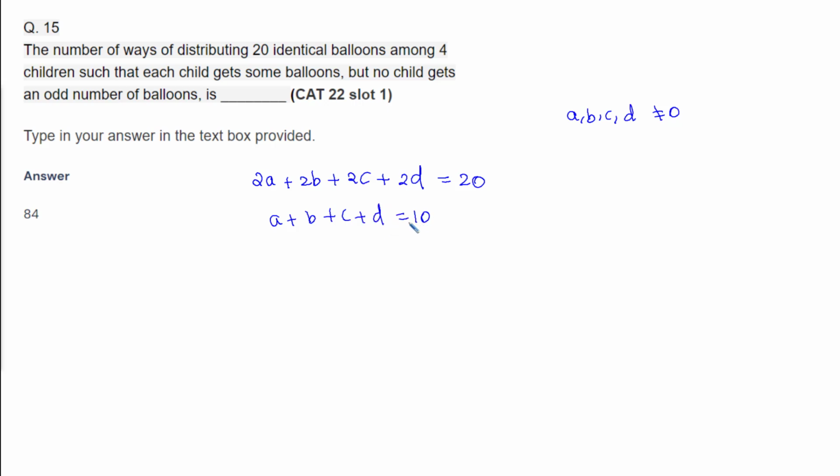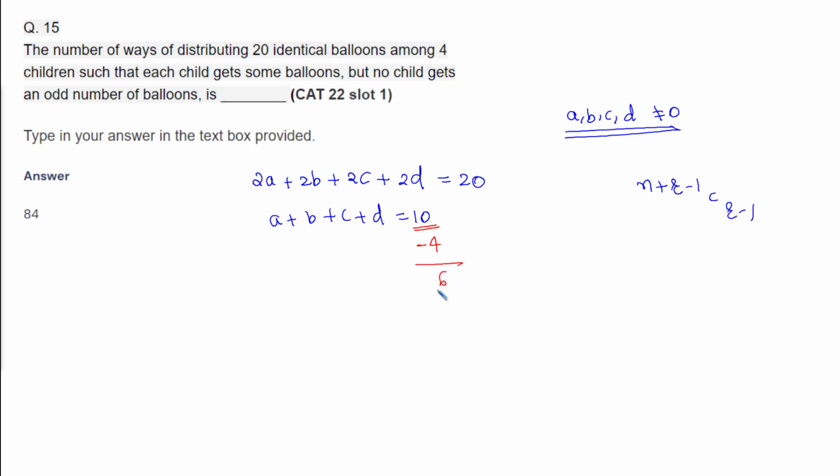So now let's use the formula of distributing identical objects in between distinct boxes. The formula is n plus r minus 1 C r minus 1. But before we use this formula, we need to make sure that none among A, B, C, D should be 0. So what do we need to do? Out of these 10, let's give 1, 1, 1, 1 to each of A, B, C, D. So 10 minus 4, that is equal to 6.